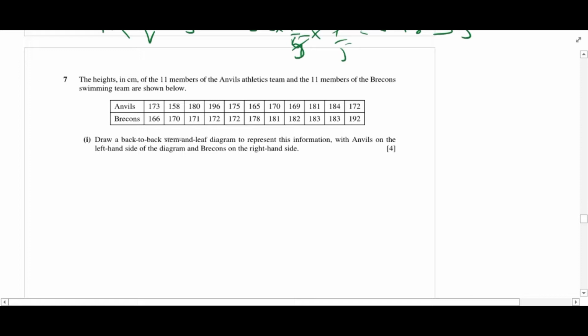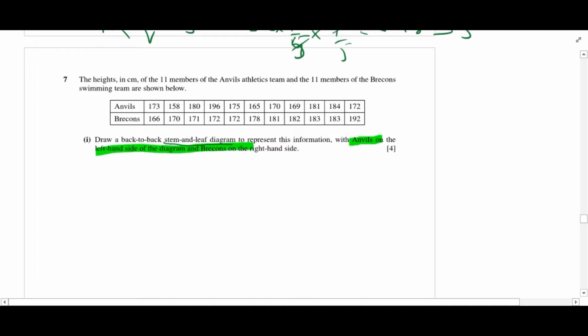Okay, in this question they have provided a set of data and they want us to make the stem and leaf diagram for that data.